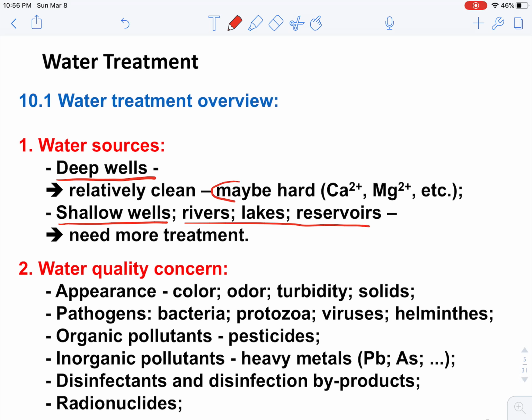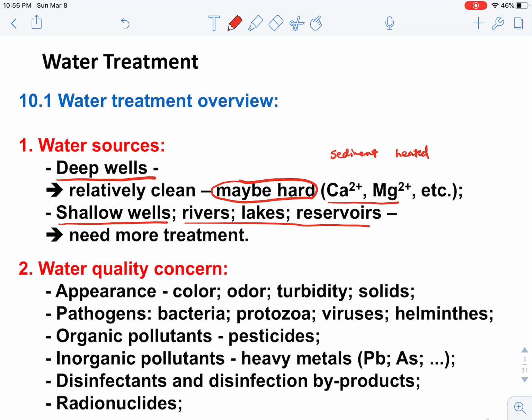By hard, we mean that there are a lot of these ion species, for example, calcium, magnesium. So basically those ions that are able to form sediments when they're heated.